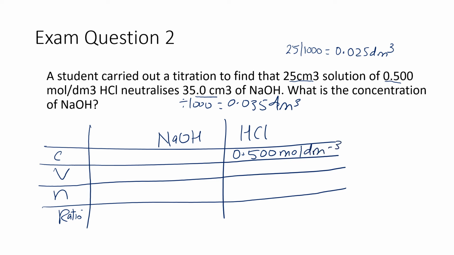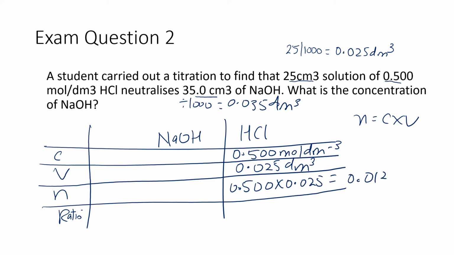The volume, they're giving us 0.025 dm cube. We just did a conversion of 25 cm cube, and if you look at number of moles, it's concentration times volume. So I'm going to do 0.500 times 0.025. That'll give me the number of moles, which is 0.0125.